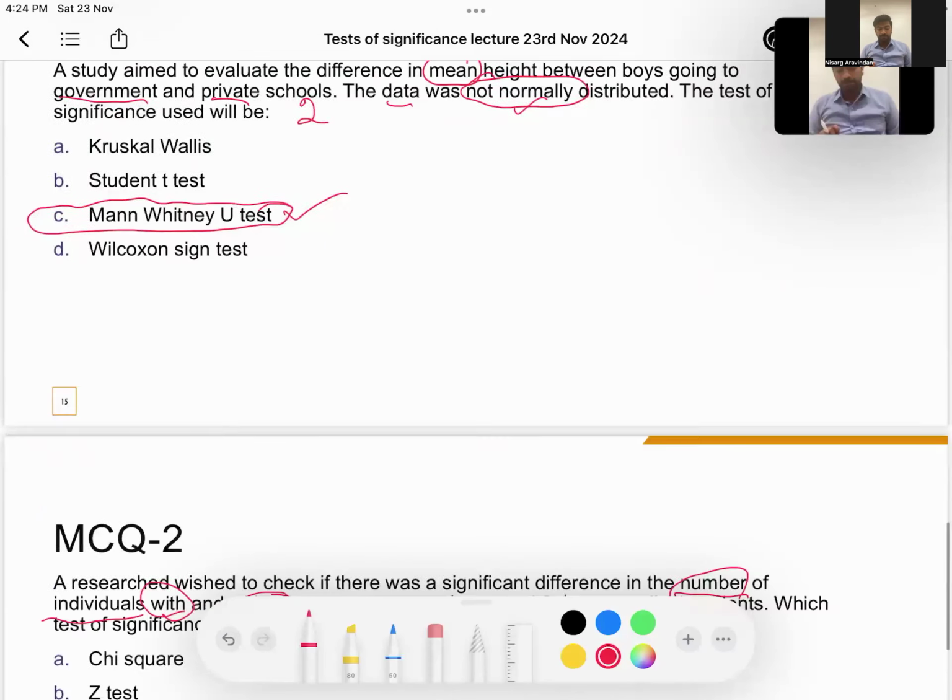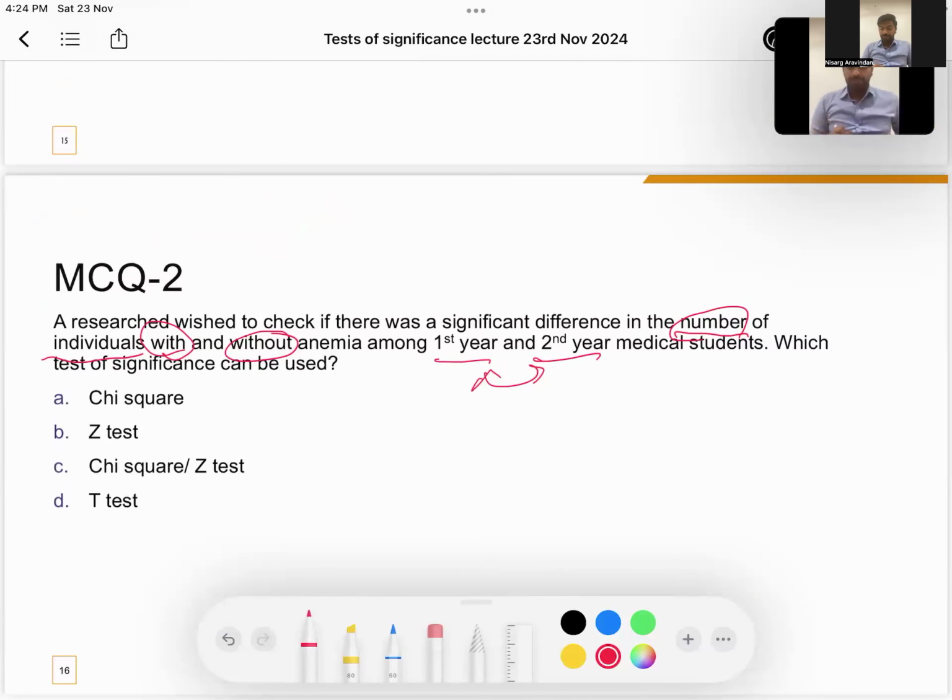And when we go down here, this is a trick question wherein you have only chi-square, only Z test, chi-square or Z test or t-test. Now, there are situations where only chi-square test can be used or only Z test can be used and only t-test can be used. But this is a scenario where you can use either of these.